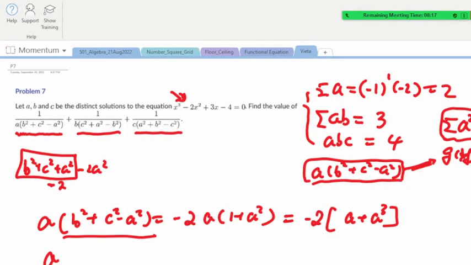Is this one equal to a times (sum of the a squared minus a squared) minus 2a squared? Is this negative 2? Do you understand now, Jonathan? Did you factor out negative 2? Yes, I factored out the negative 2.